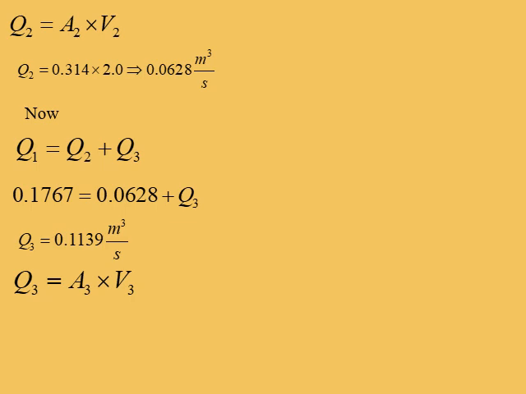Now the discharge through pipe 3, Q3, is equal to the area of pipe 3 times the velocity of the fluid in that pipe. The Q3 value is known and the area of pipe 3 is known. The velocity V3 in pipe 3 is unknown, and it is calculated by simplifying this expression. Then the velocity in that 15 centimeter pipe is 6.44 meter per second. So this is the solution for this second numerical, to find the discharge as well as the velocity at one point.